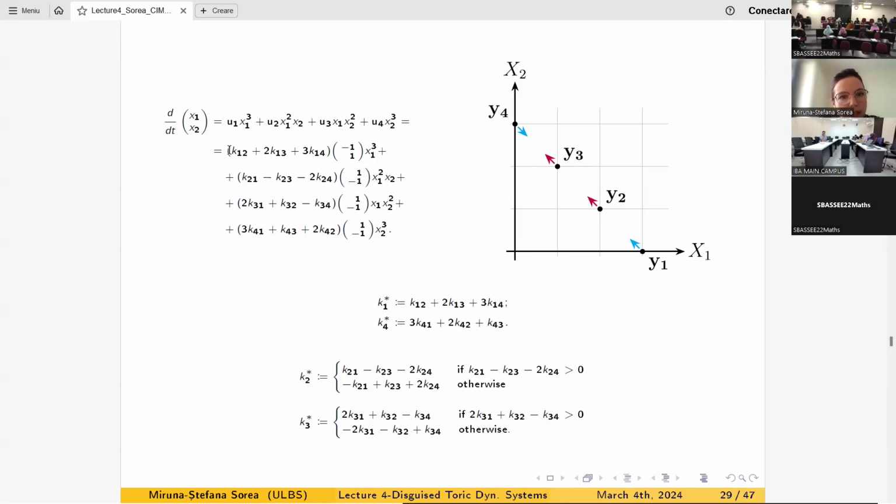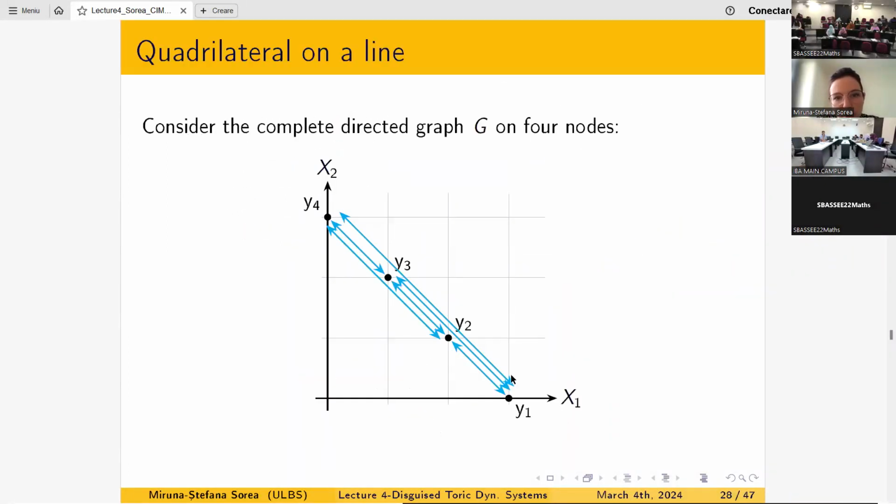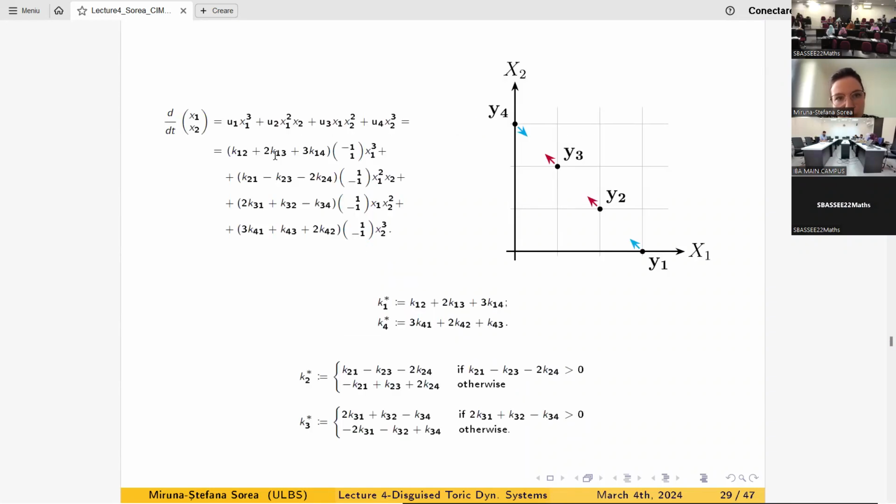And this can be seen here in the sense that we took this vector minus 1, 1 multiplied by its rates from before, but to keep track of the length, we had to adjust the kij's here. So that's what we did.